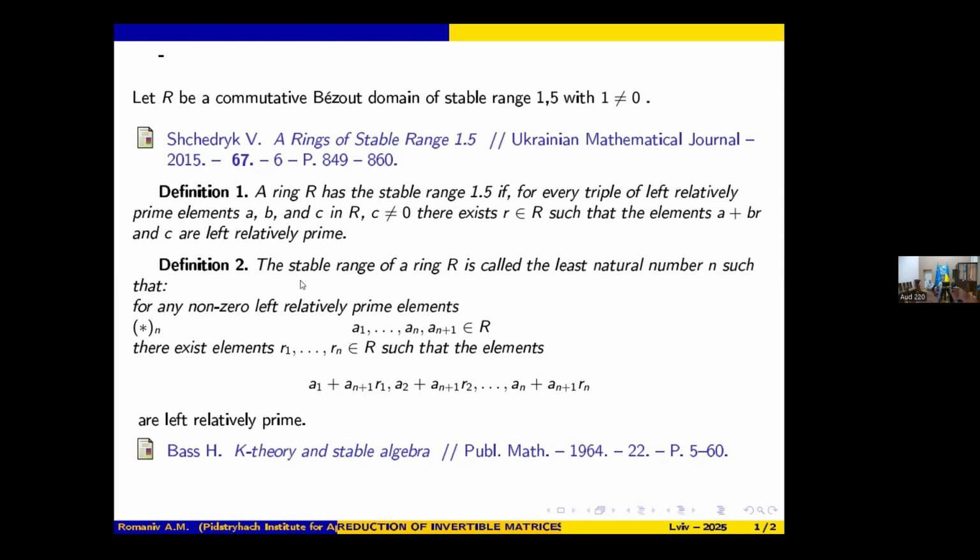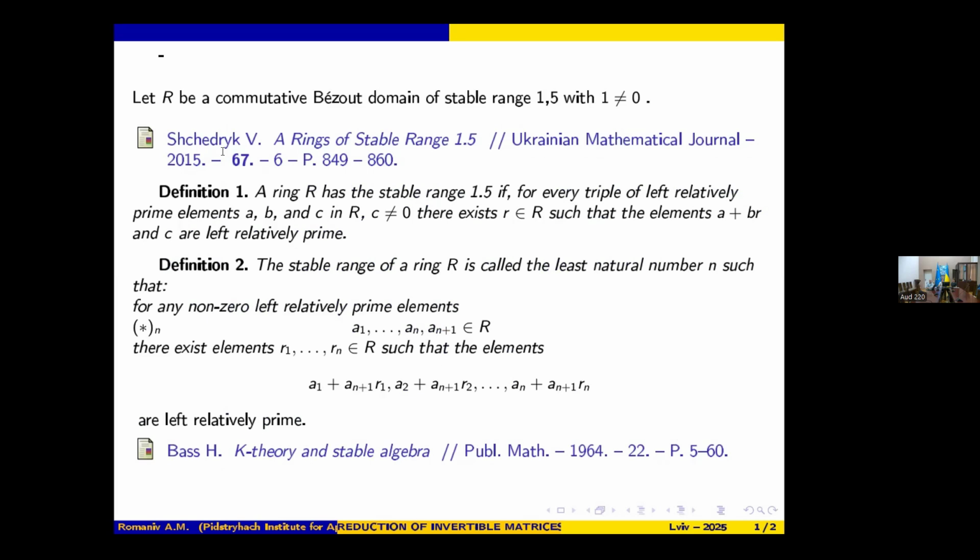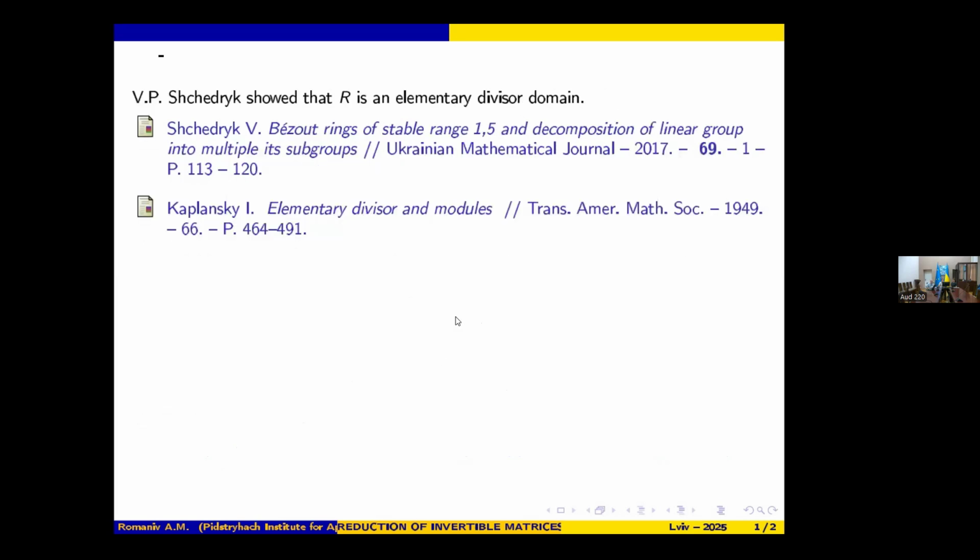The next definition concerns the stable range of rings. This definition was introduced by Bass. Shchedryk showed that these rings are elementary divisor rings.